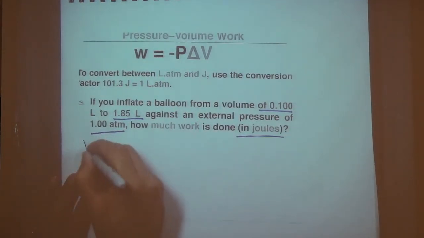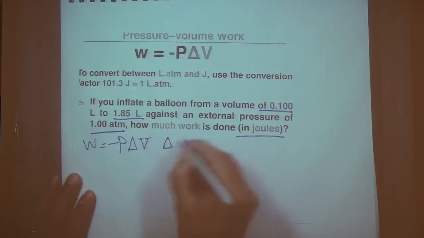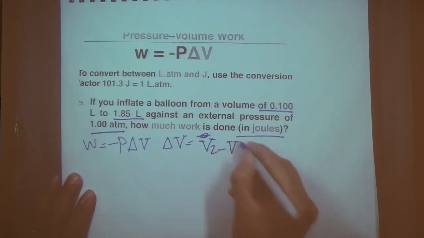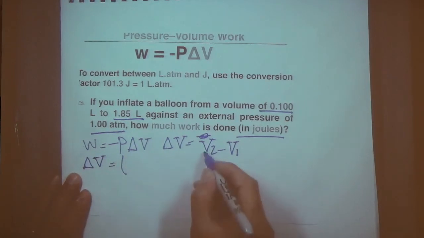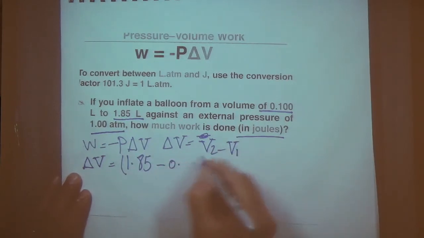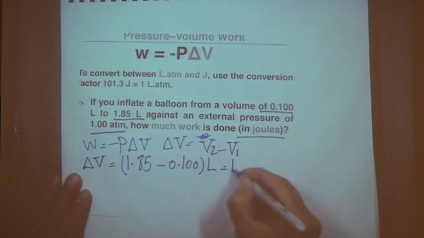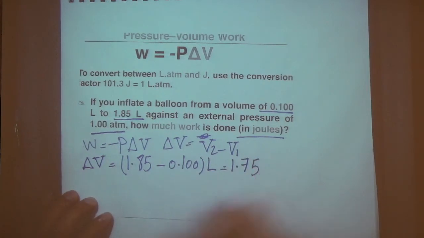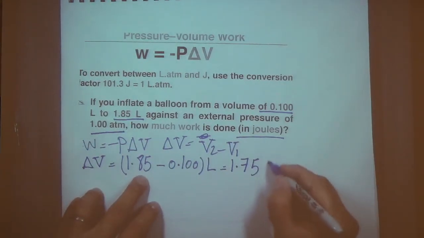So you go with work is equal to minus P delta V. Delta V is equal to V2 minus V1. You go V2 is 1.85 minus 0.10. Unit is liter. So you get 1.75, and the final unit is liter.